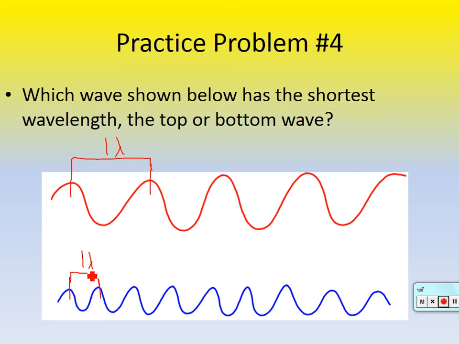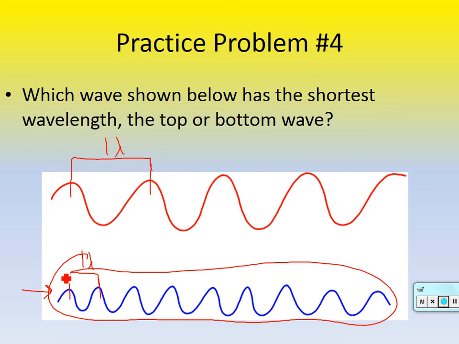It's kind of interesting. So which one did you circle? Bottom one. Okay, good job. Shortest wavelength is the bottom one, so you should have circled it. Hey, this isn't too bad, is it? It's not that bad.